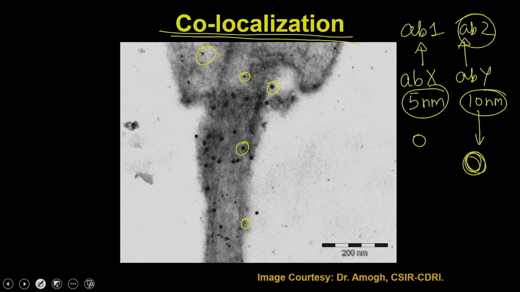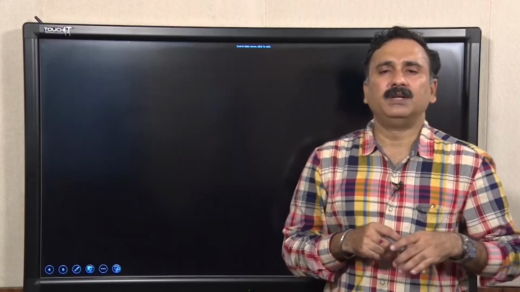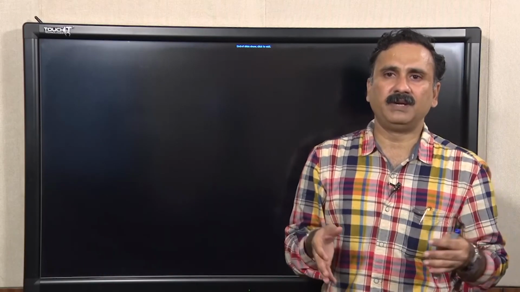So, that is how you can very precisely say whether protein A and protein B are interacting with each other or not, and whether they are localizing to the same compartment or not. So, this is all about the different types of microscopy techniques.